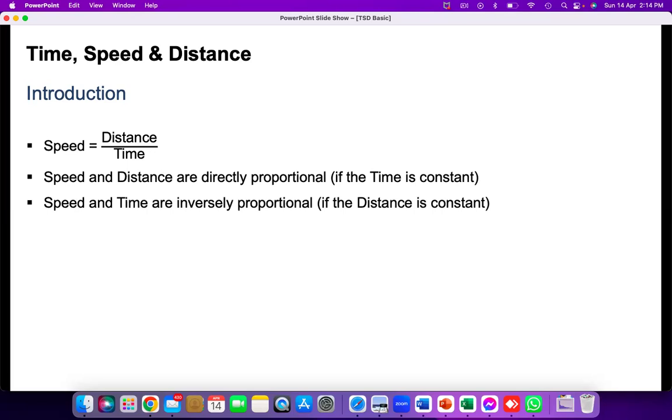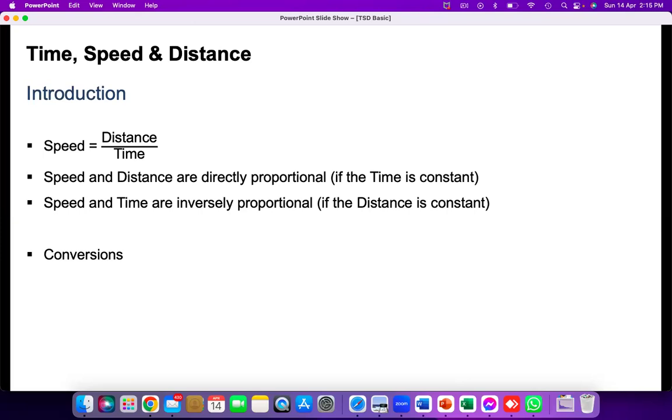Third, if speed is constant, then distance is proportional to time. So these are three fundamental relations which we draw from this relation, speed is equal to distance by time.